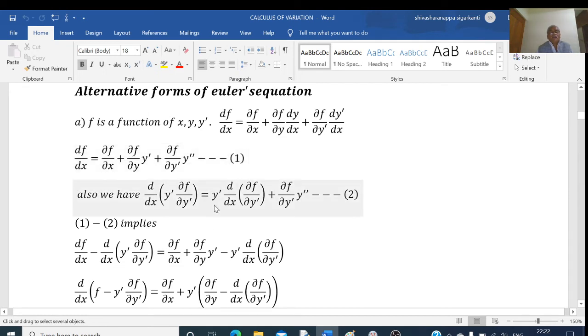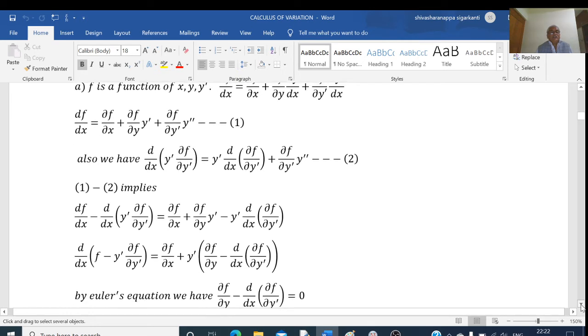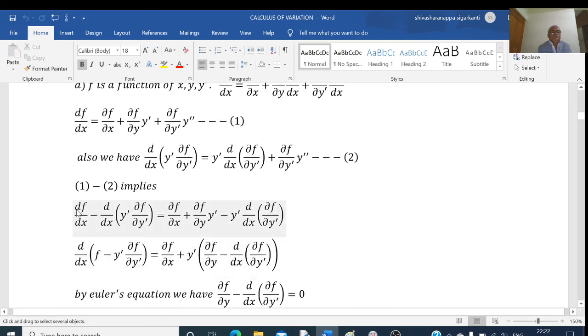Okay, ∂f/∂y into y' minus this term, y' into d/dx of ∂f/∂y'. On the left-hand side, I can write this as d/dx of something.